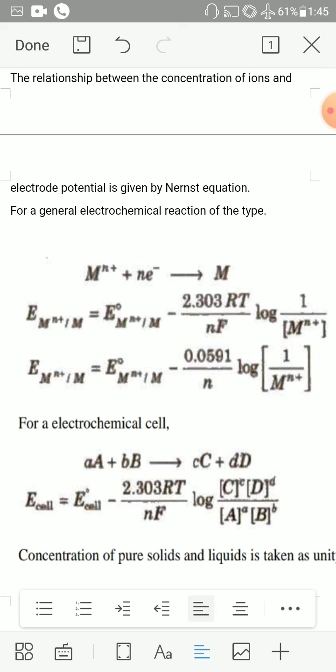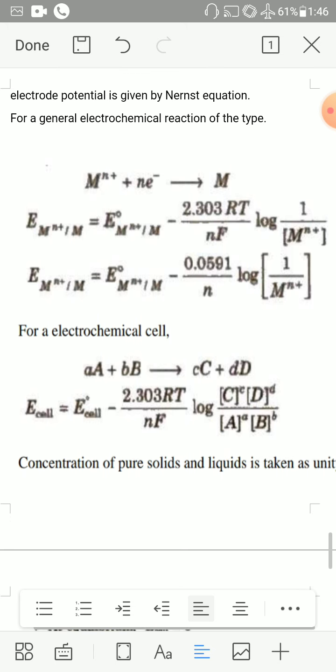So by putting the value of R, T and F, you will get E M^n+/M equals E0 M^n+/M minus 0.0591 divided by n into log 1 by [M^n+], that is 1 by concentration of metal ion. So this is for a half cell reaction.